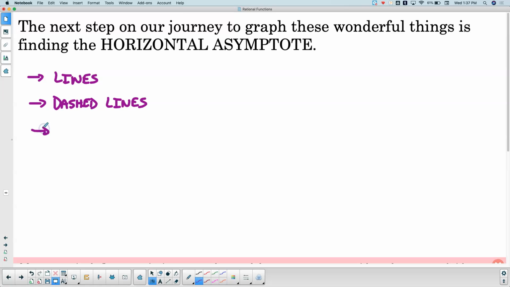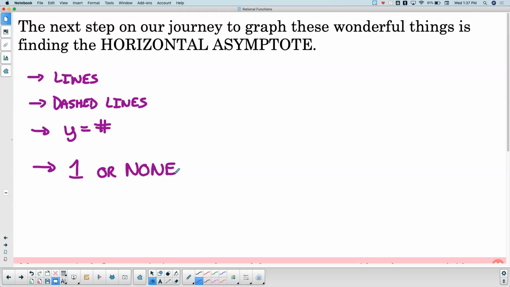The equations of them now are going to be, not y equals 0, pardon me. That's what we've had so far. The equations now are going to be y equals some number because they're horizontal. And there can only be one or none of them. You can't have two horizontal asymptotes. You can only have one or none.